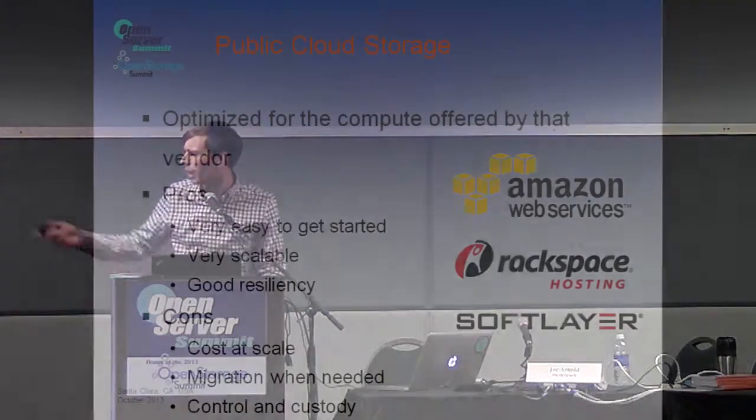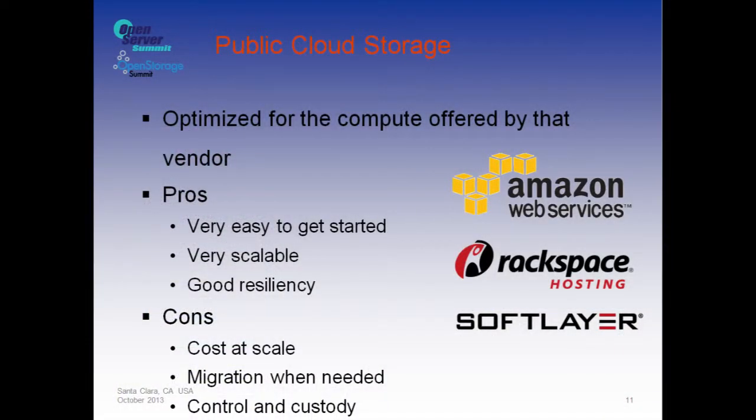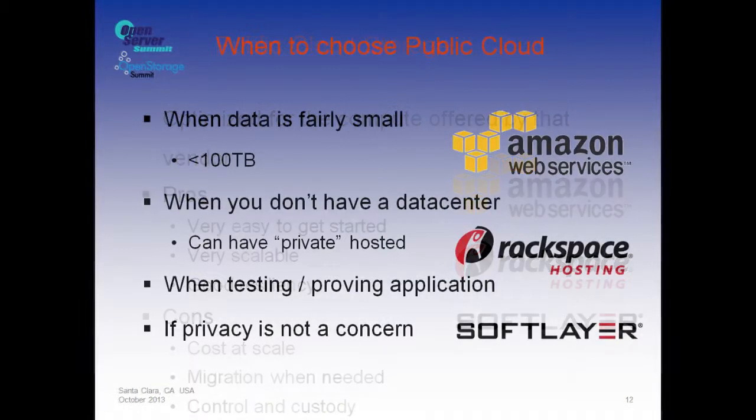The good thing about the public cloud, and I just listed a few here, Amazon, Rackspace, and SoftLayer, is that it's really easy to get started, but then it gets expensive once you scale up. And you also don't have control of your data because it's not in your data center. It's out in the open. You have to manage the accounts.